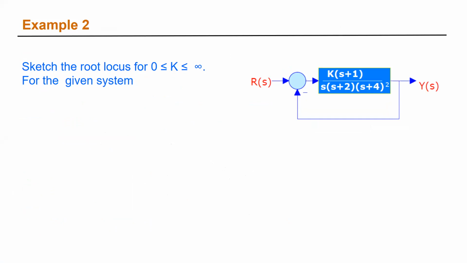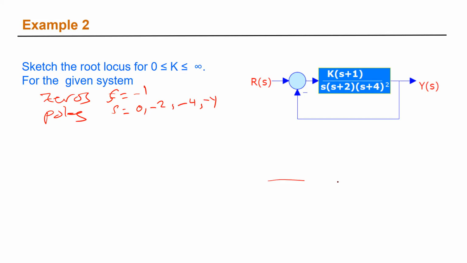What are the poles and zeros of the open loop system? Can you tell me the location of the zeros of the open loop system? S equal to -1. How about the poles? 0, -2, -4, and -4.